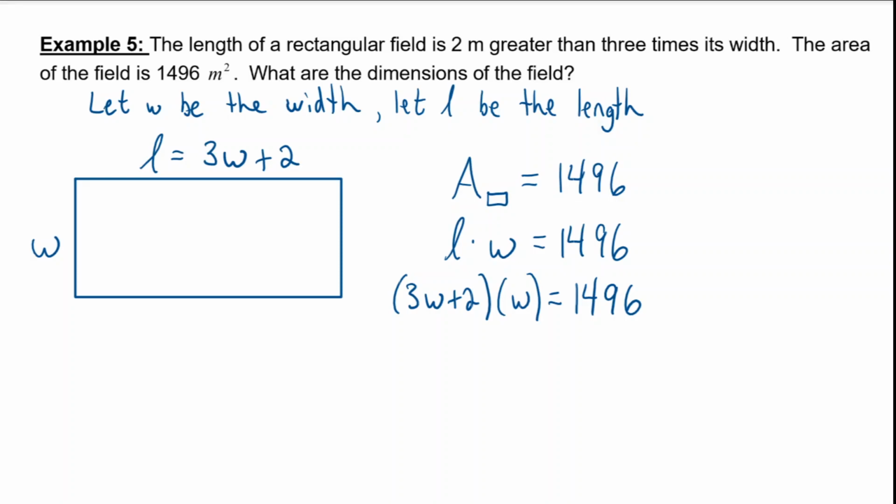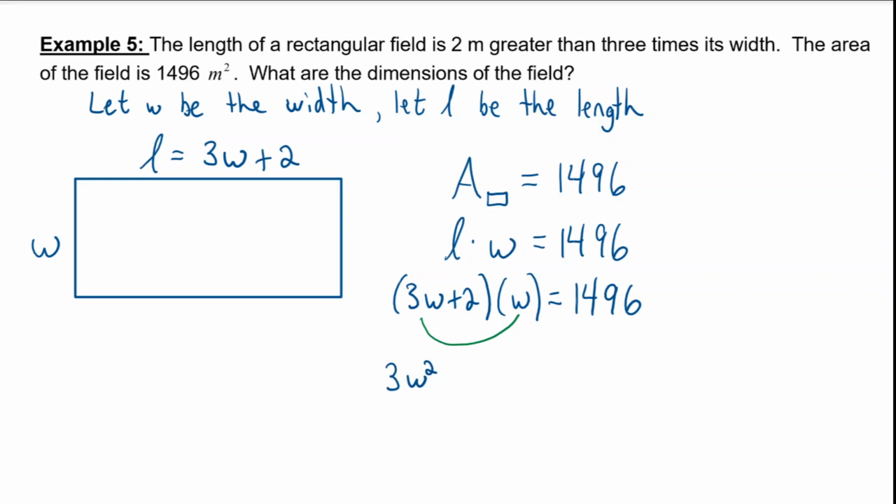Now we're going to want to expand out these brackets and bring everything to one side. Then we can either factor or use the quadratic formula to get what W is. So let's go ahead and do that. We've got W times 3W, that's going to give you 3W squared.